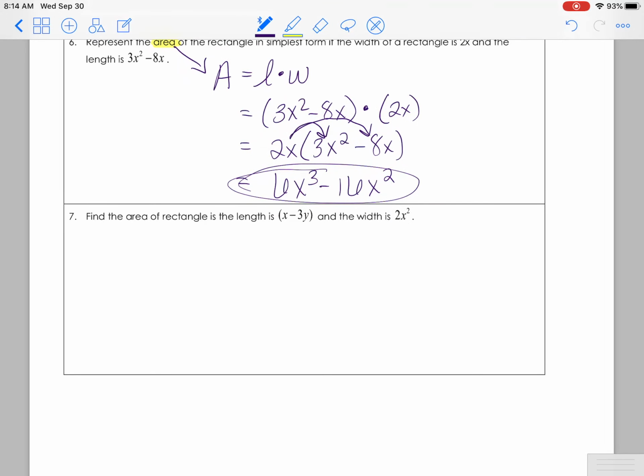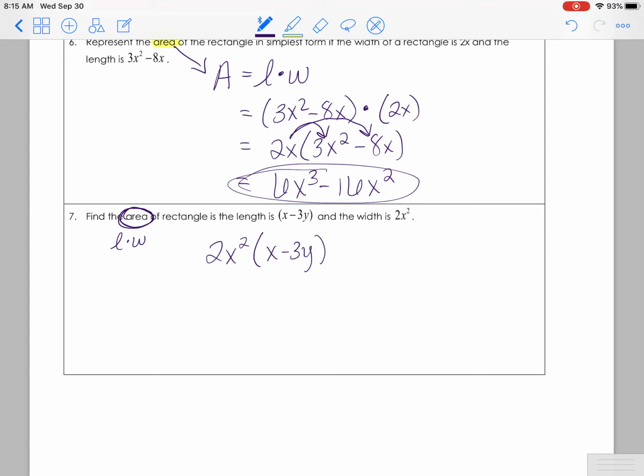All right, why don't you try number 7 by yourself? Pause the video, see if you can do it out, and then check your answer. So again, there's that word. So area is equal to my length times my width. Okay? So it looks like I got 2x squared. I'm going to multiply it.